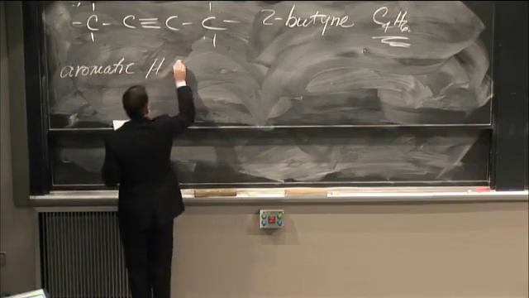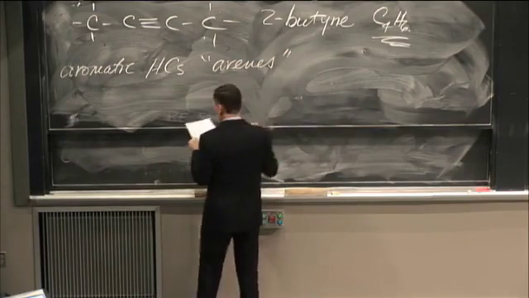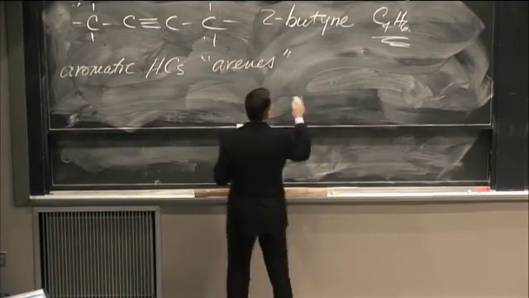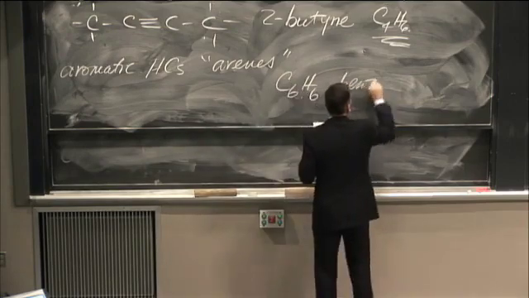Aromatic hydrocarbons. Some people refer to them as arenes. The most notable one is C6H6, which is benzene.